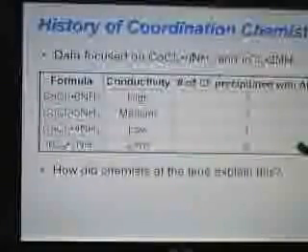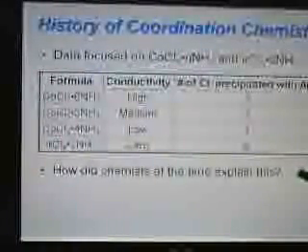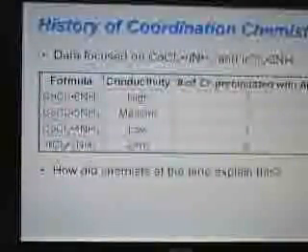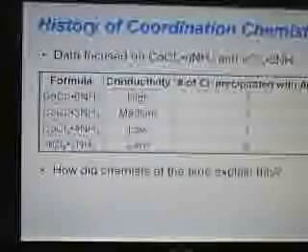They also observed that the number of moles of AgCl that precipitated when mixed with a silver ion solution was 0 moles. So, how did chemists at this time explain this data?